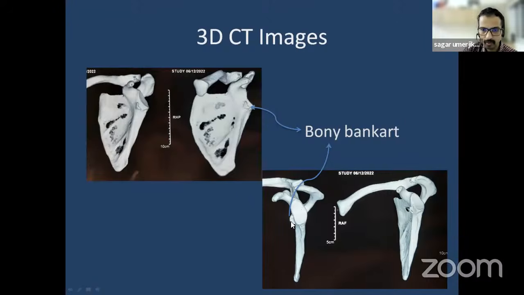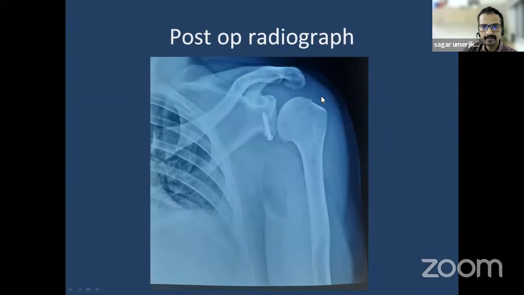So it was a bony Bankart wherein there was glenoid bone loss anteriorly. We went ahead with the Latarjet procedure because he was extremely active, young, and had recurrence for 4 years, and there was a glenoid lesion of more than 25%. So this is how we added 2 screws along with the coracoid graft, and he's doing fine as of now.